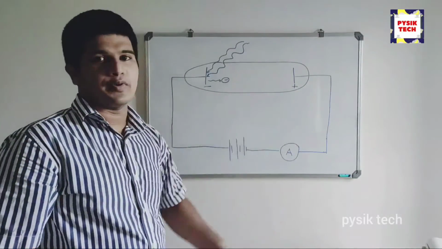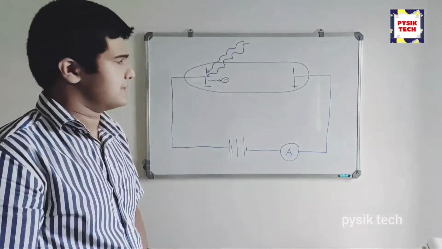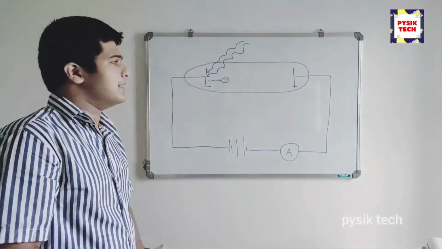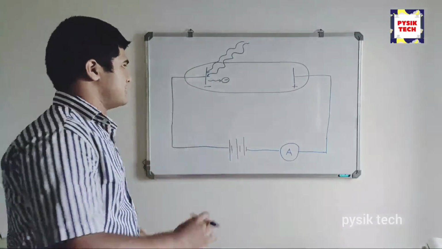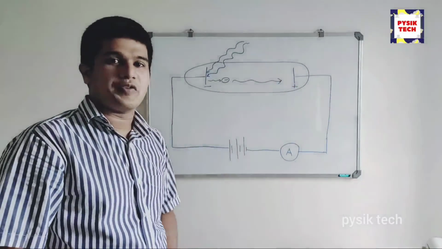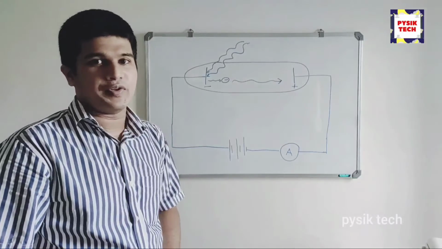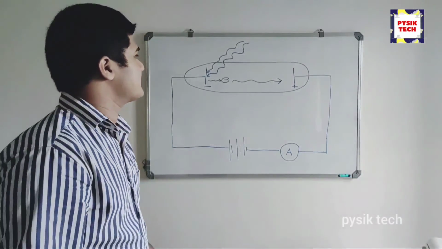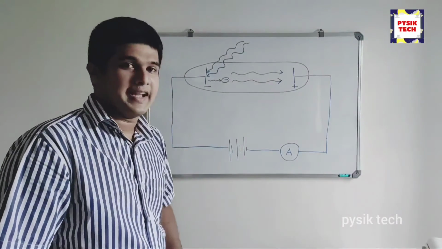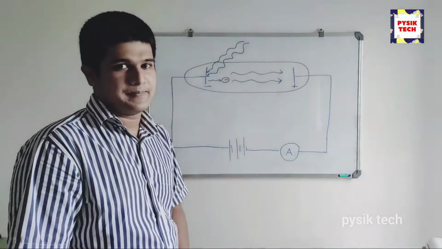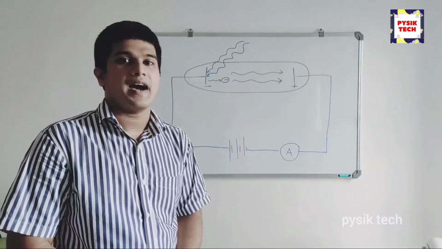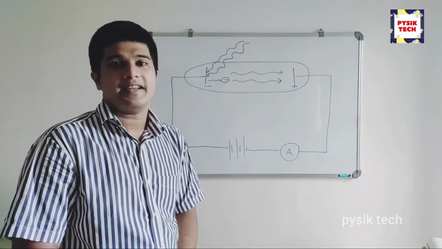Then here it is the positive part. The electrons will move from negative to positive. These electrons are called photoelectrons. At this time we can get a deflection in the ammeter. This phenomenon is called the photoelectric effect.